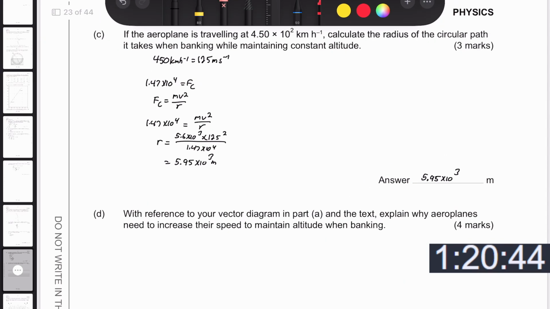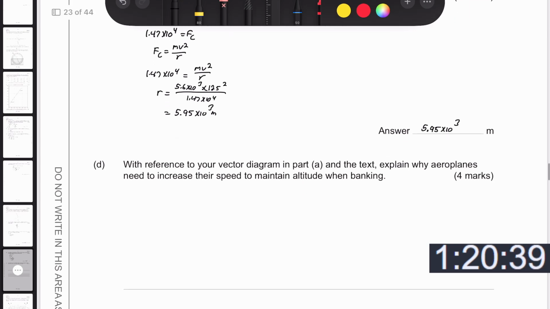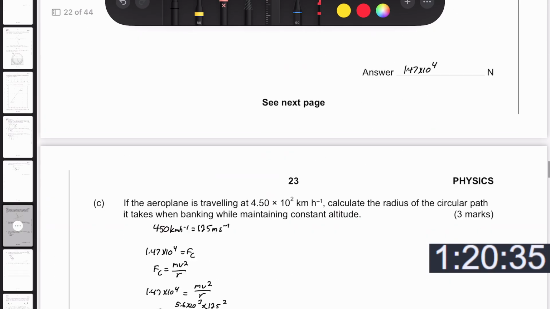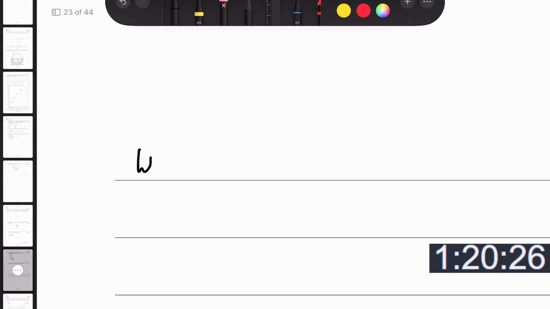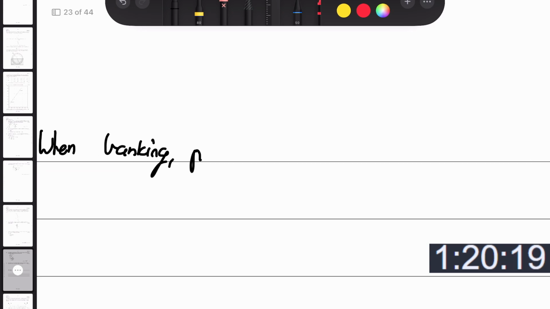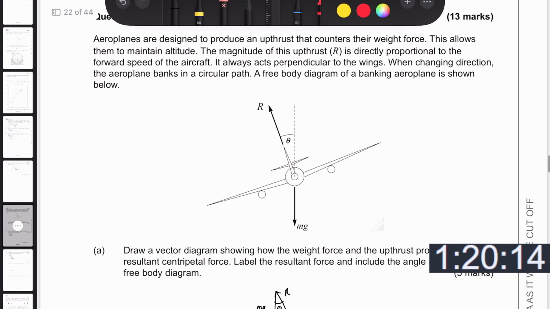With reference to the vector diagram, explain why airplanes need to increase their speed to maintain altitude when banking. So, explain why airplanes need to increase their speed when banking. Did they call it the lift force or just the reaction force? The upwards thrust.